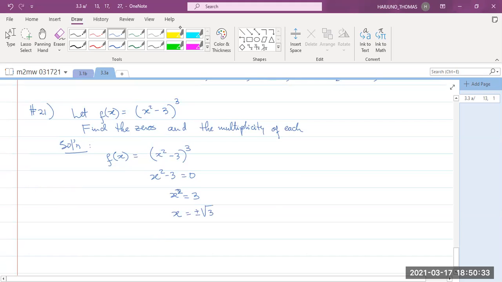But because of that cube, each of these will be multiplicity of 3. So the zeros are x equals radical 3 with multiplicity of 3, x equals negative radical 3 with multiplicity of 3. That's it, we are done.